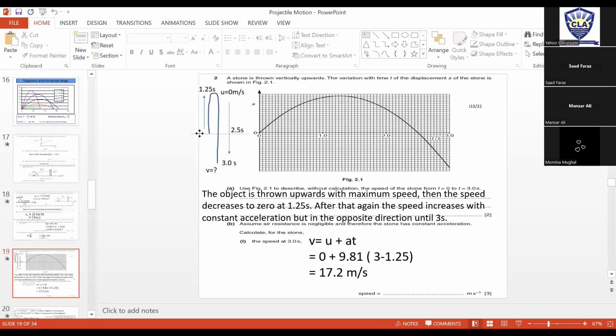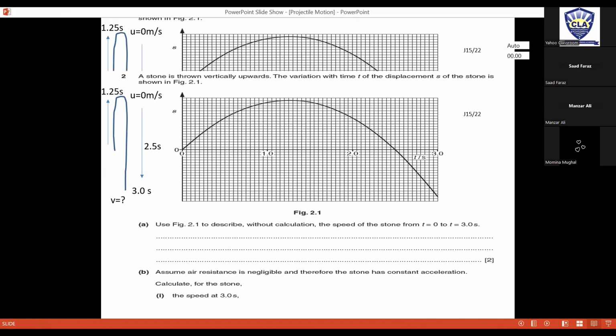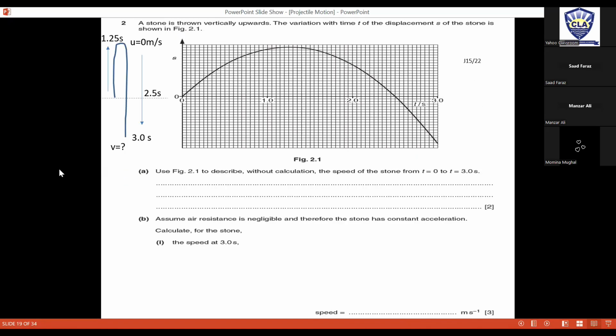Okay, it is there. तो जहां से हमने थ्रो किया था वहां से वो मैक्सिमम हाइट पे जाएगा, फिर वहां से फॉल करेगा। जब वापस उसी जगह पे आ रहा है, the time will be 2.5 seconds and then it is going down.